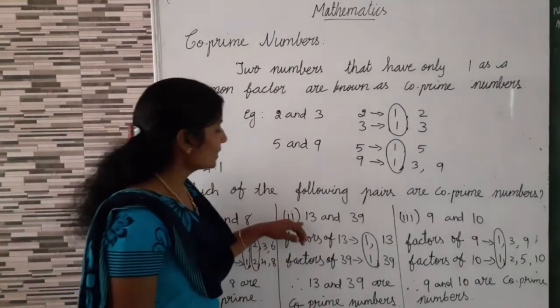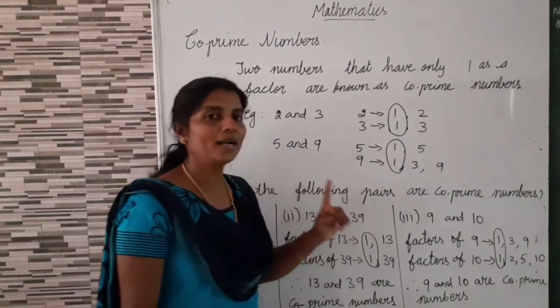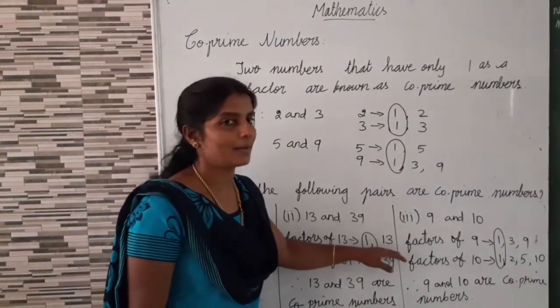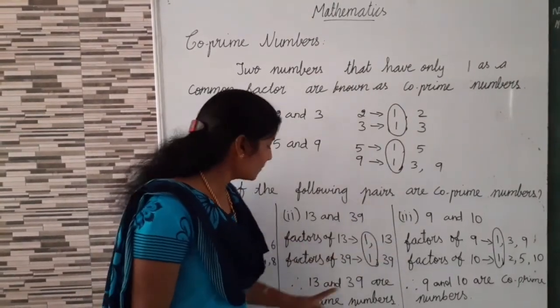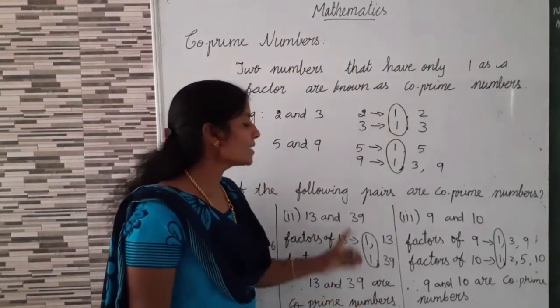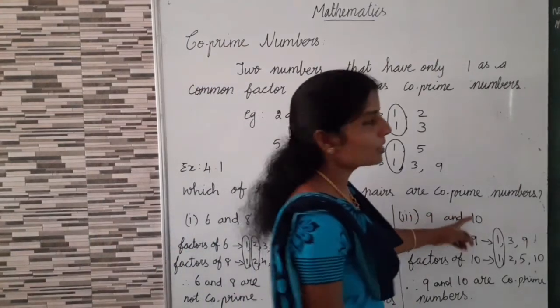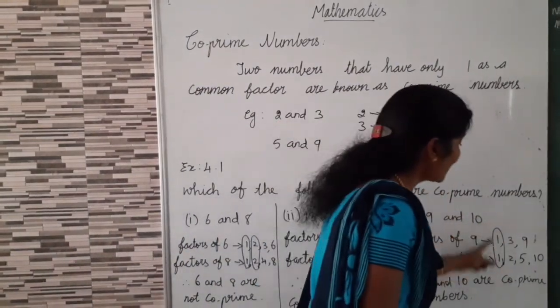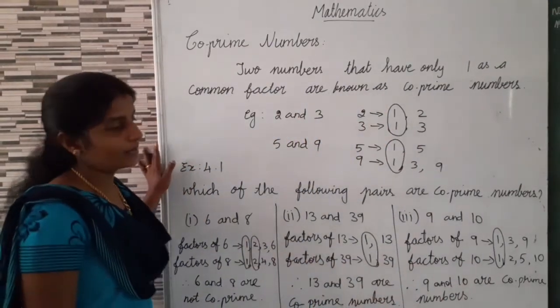Second, 13 and 39: factors of 13 are 1 and 13, and factors of 39 are 1, 3, 13 and 39. Only 1 is common, so they are co-prime. Third, 9 and 10 are also co-prime because only one is a common factor.